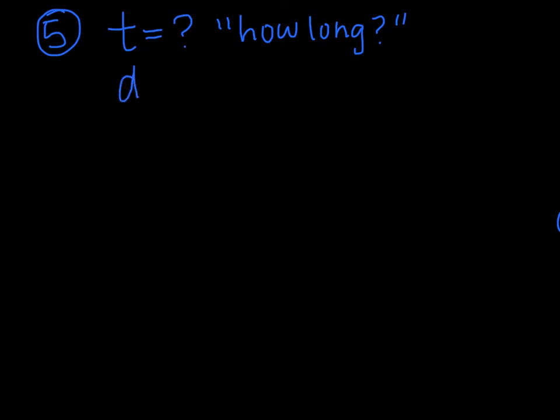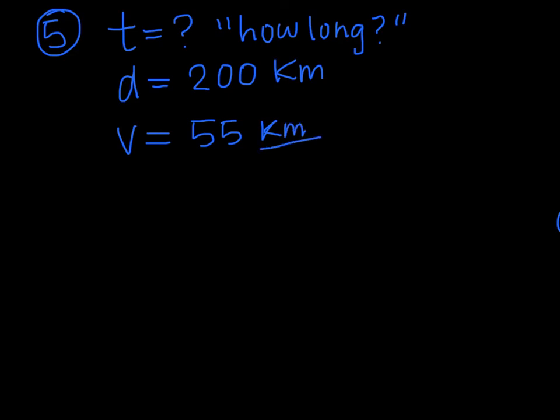So our distance equals 200 kilometers. If the car is traveling at a velocity, it's telling us it is the velocity of 55 kilometers per hour. Okay, I've got time, I have distance, and now I've got my velocity.